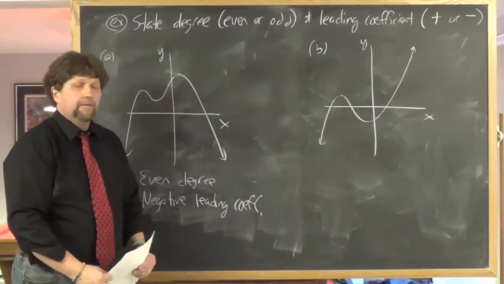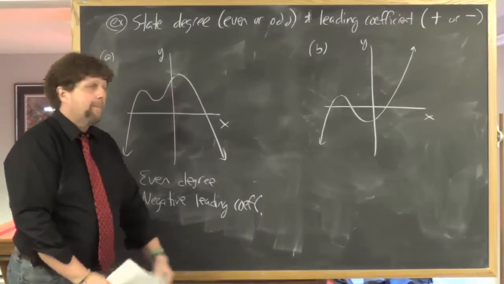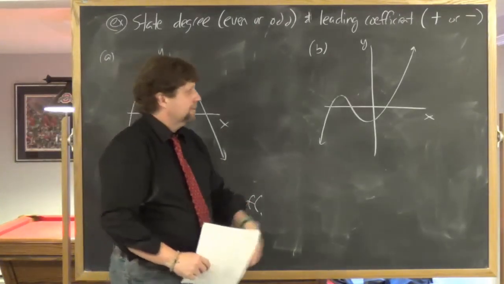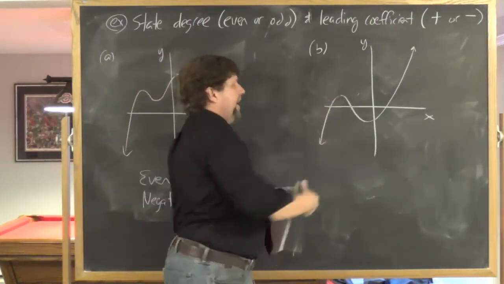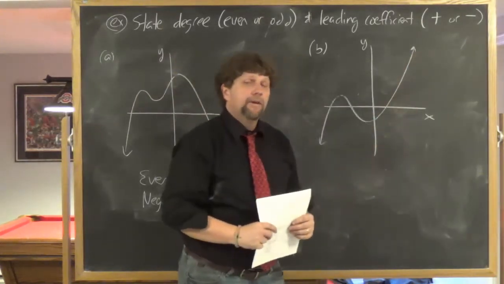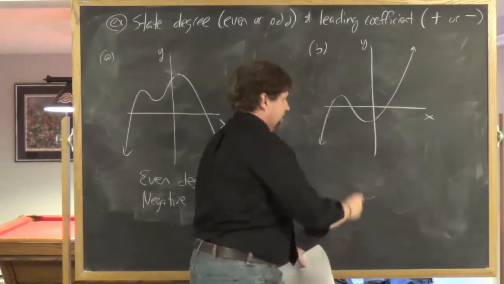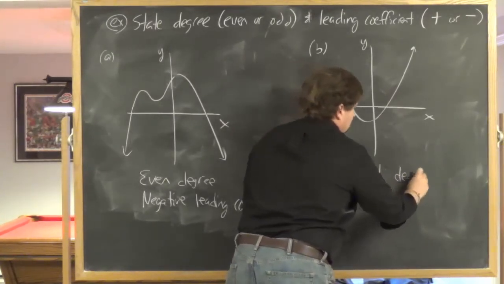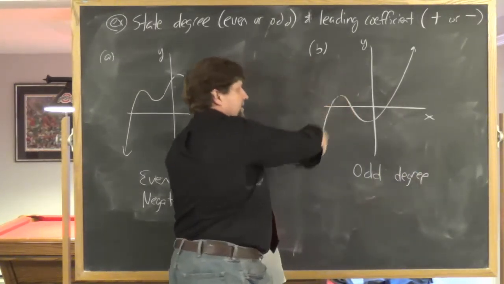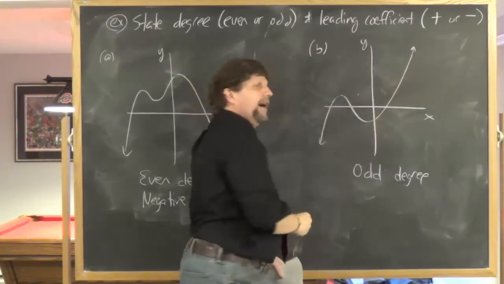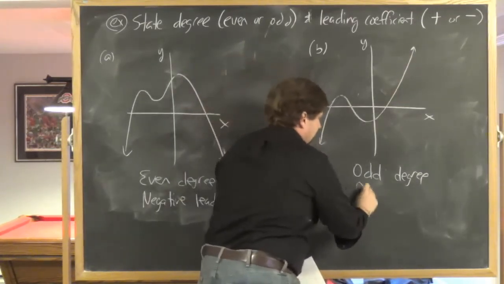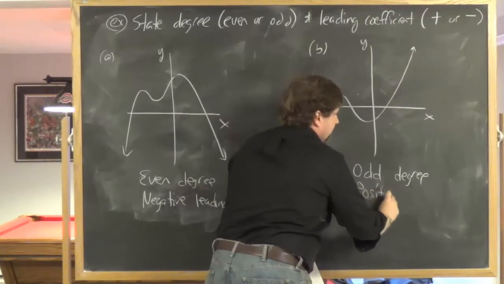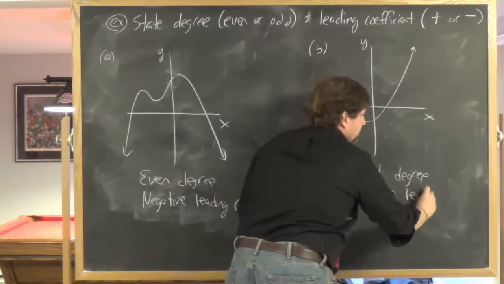It's just the leading coefficient test. Look at this graph. One end is shooting down, the other one is going up. That tells me it's an odd degree. And because this end is going down and that end is going up, I know it's a positive leading coefficient.